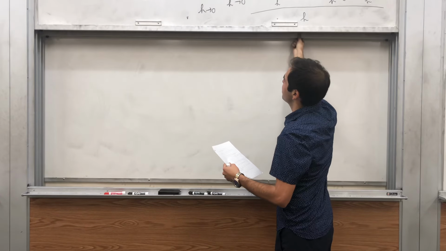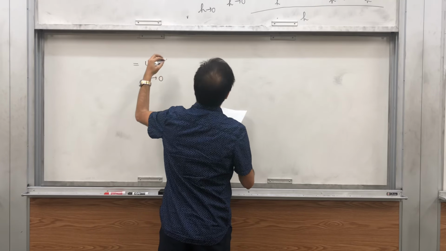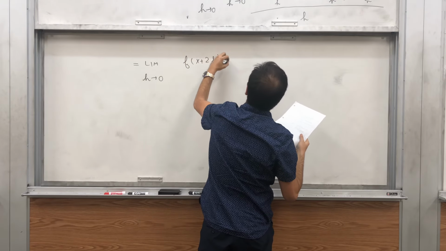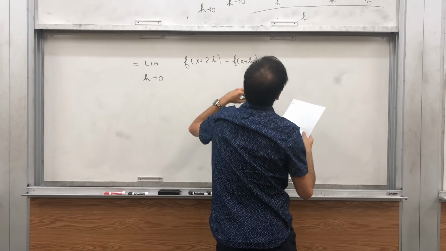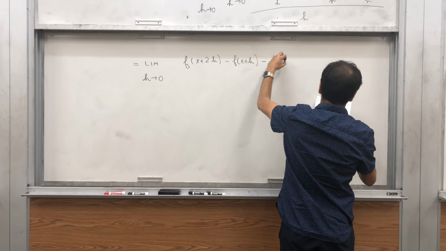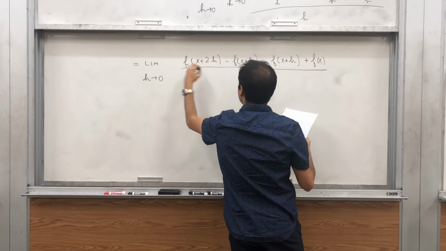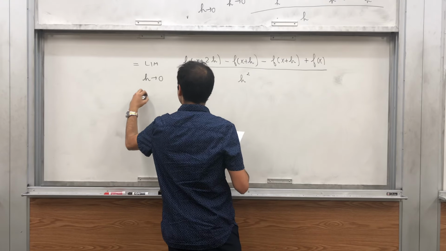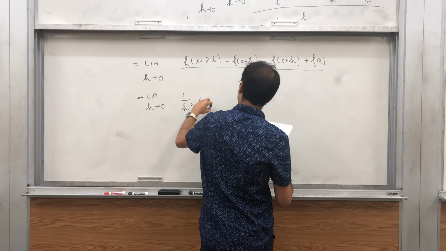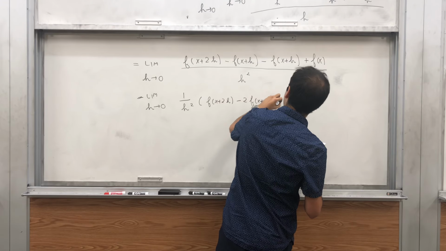So what you're left with is the limit as h goes to 0 of f of x plus 2h minus f of x plus h, and then minus f of x plus h, and then minus, which becomes plus f of x, over h squared, and you can simplify this as the limit as h goes to 0 of 1 over h squared times f of x plus 2h minus 2 f of x plus h plus f of x.